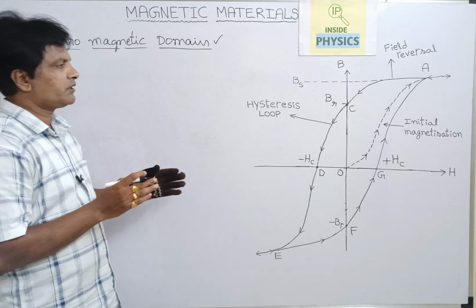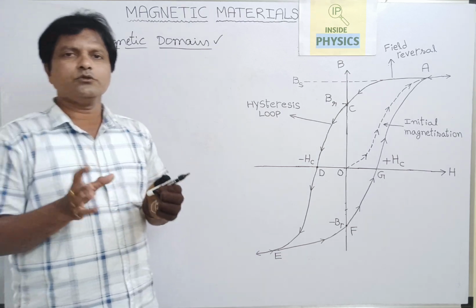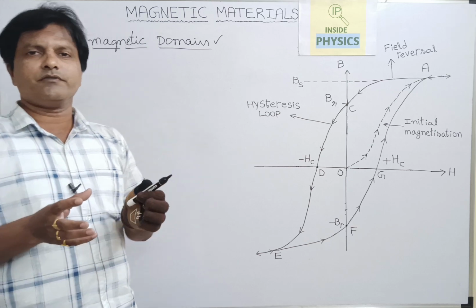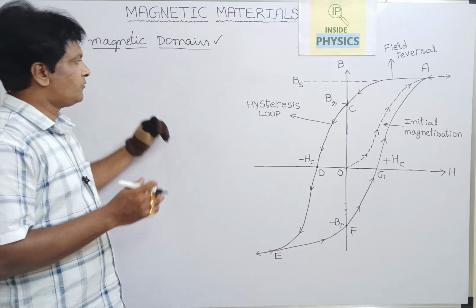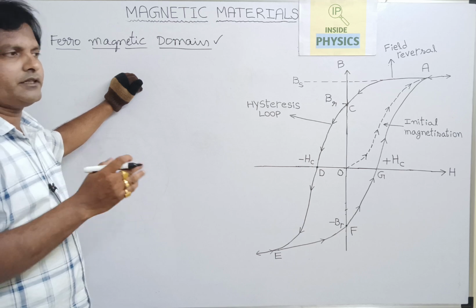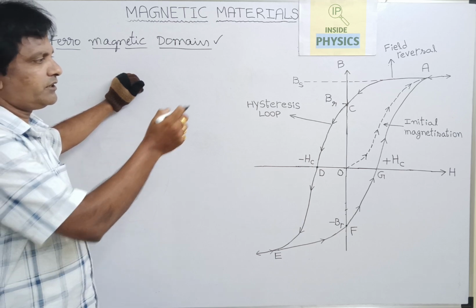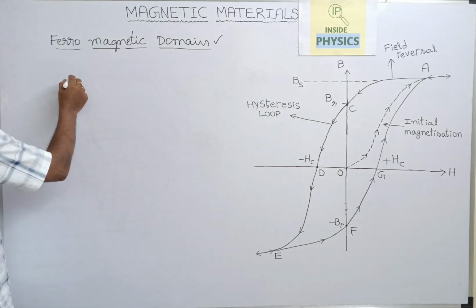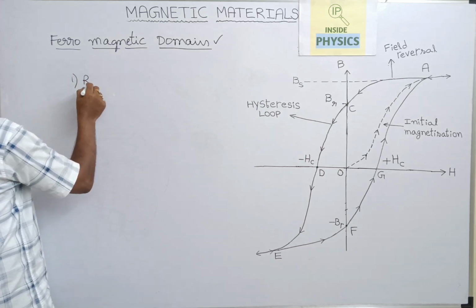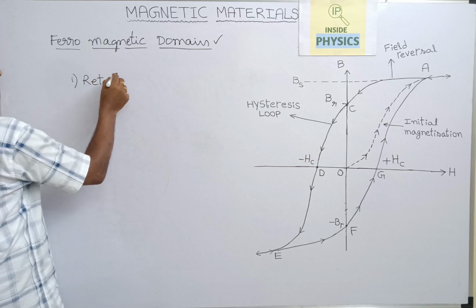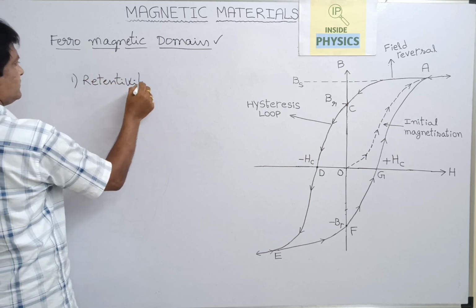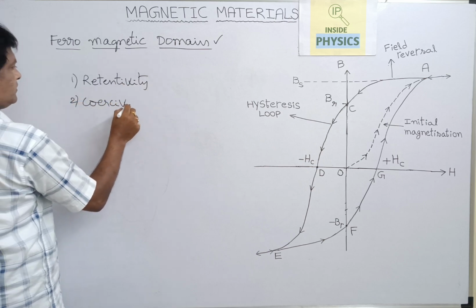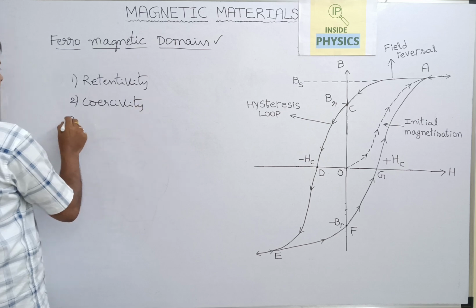So overall, this process is useful to understand some beautiful properties of a magnetic material, and those magnetic properties we can understand with the help of this hysteresis loop. The first one, we already saw, is retentivity. The second one, coercivity, is also discussed. The third one is permeability.